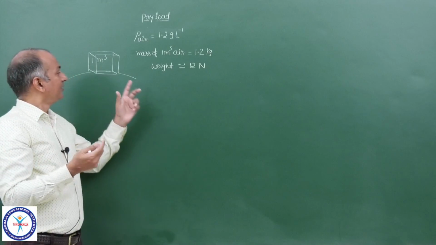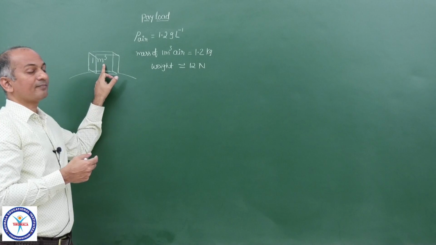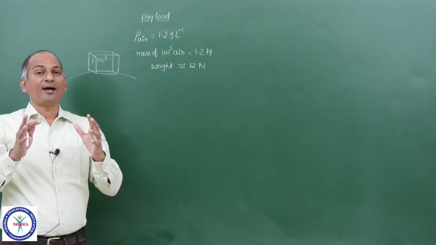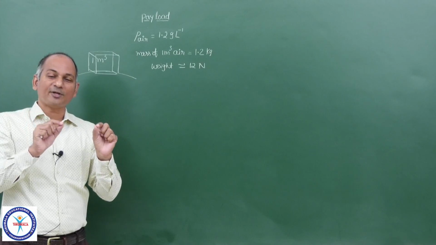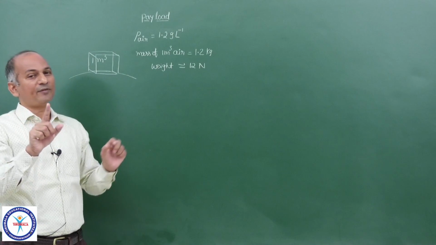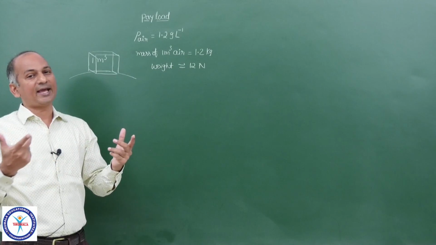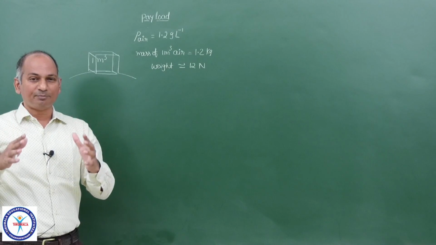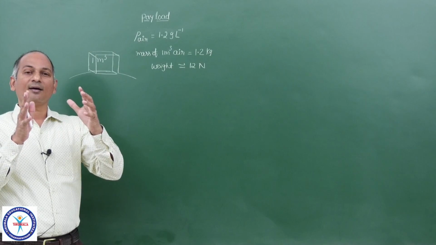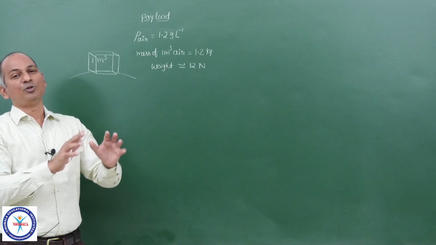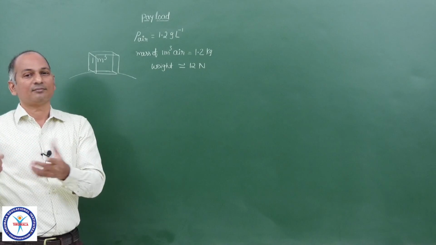And this is also a submerged object, and that object will displace some amount of atmospheric air whose volume is equal to the volume of this object. And that is the same both in liquids and gases. Whenever an object is submerged, it will displace some amount of the fluid whose volume is equal to the volume of the object. That is everywhere.